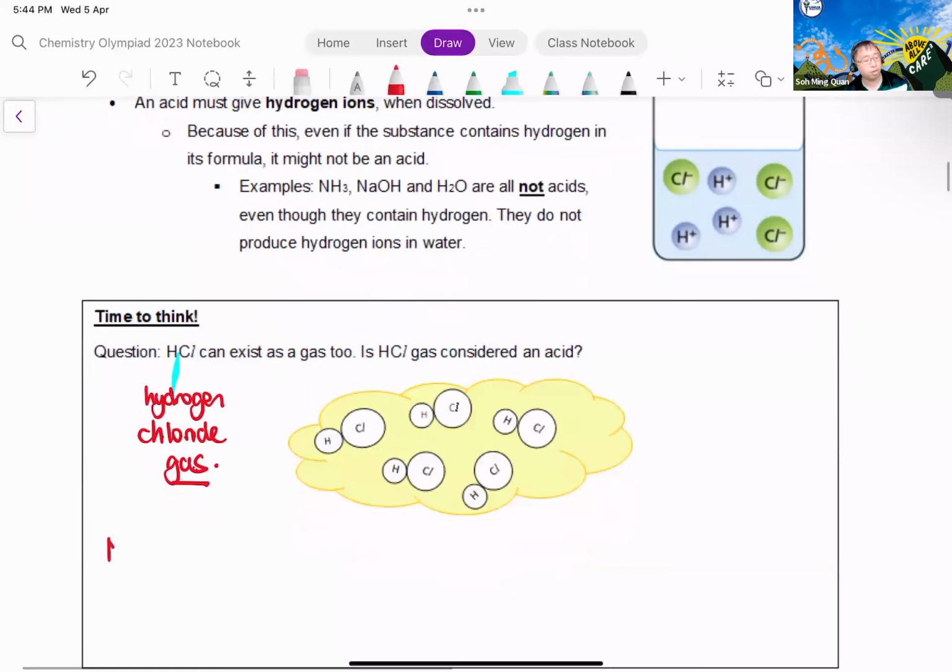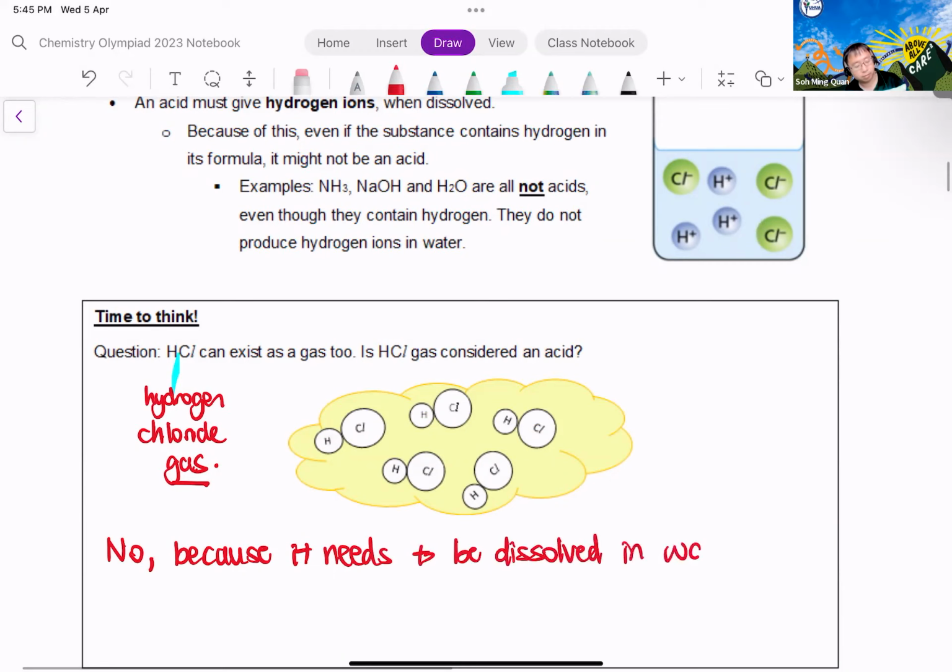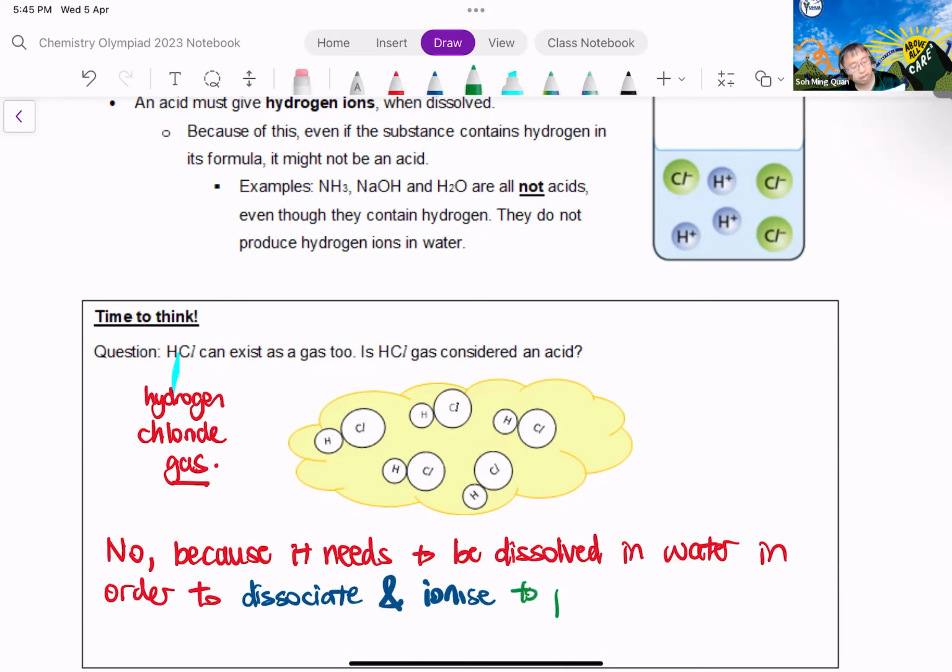The answer is no, because it needs to be dissolved in water in order to dissociate and ionize to produce H+ ions.